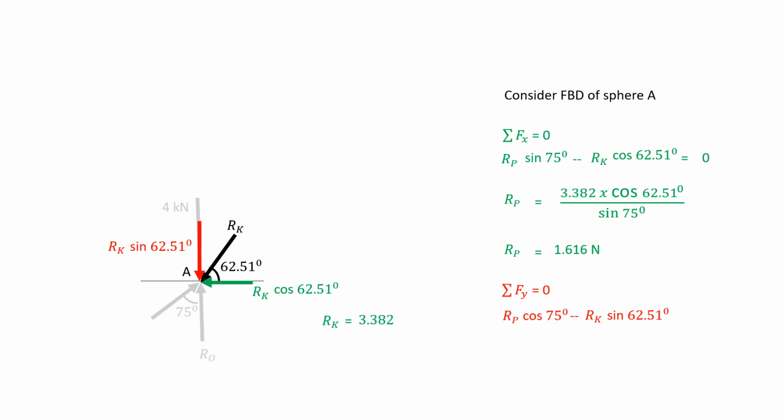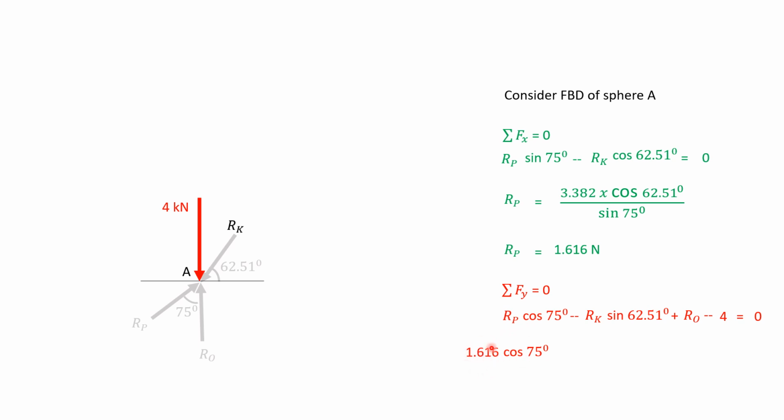And one more force, RO, directing towards positive y-axis, so plus RO, and one more force, minus 4, directing towards negative y-axis. We know the RK value, and substituting the RK value and the RP value, we get RO.